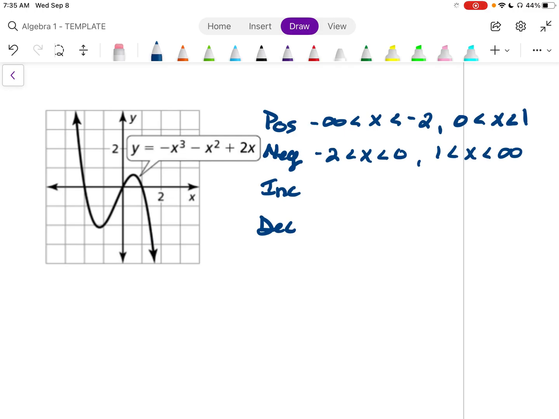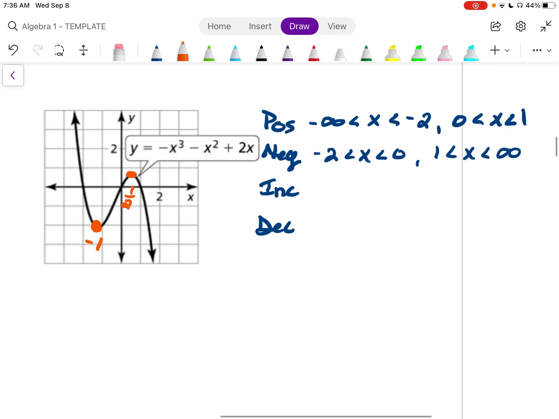For increasing and decreasing, we want to find any place where it changed direction. So that's going to happen maybe right down there. We'll just say that happens at -1. It looks like it happens a little bit to the left of it, we'll just say -1. And this point here, we'll call that 1/2.